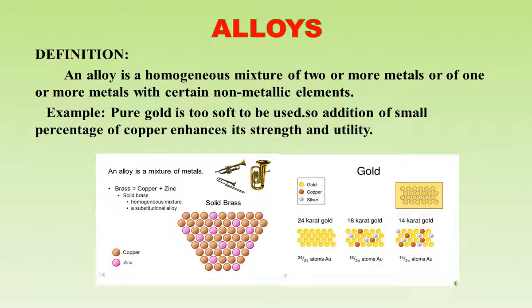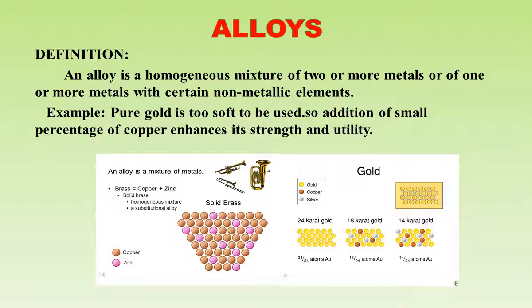Gold, 24 karat gold, is the pure form of gold. And 18 karat gold has some silver and copper metals in addition to the gold to give strength and make beautiful ornaments. 14 karat gold means gold, copper and silver.